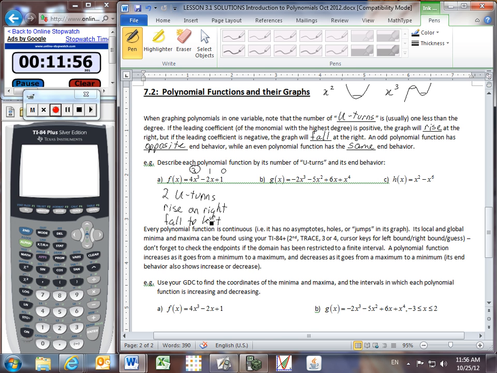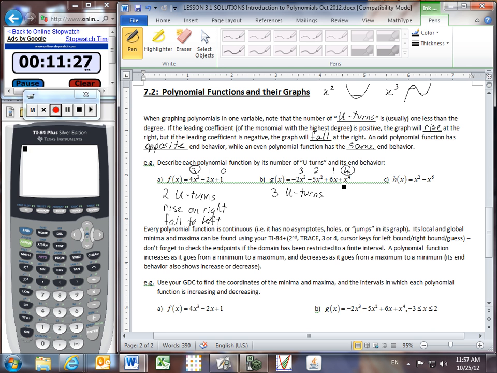Alright, the second one, I've got a third degree monomial, a second degree, a first degree, and oh look at the end, it's a fourth degree. And so that's the highest degree. That makes this overall a fourth degree polynomial. And that means that because that's an even number, the end behavior is going to be the same. With a fourth degree equation then, we can expect to see three U-turns.